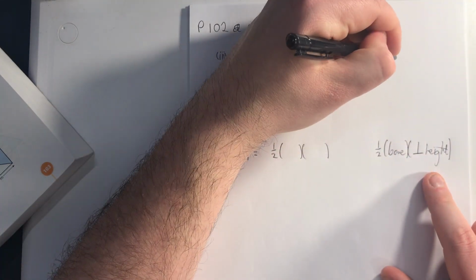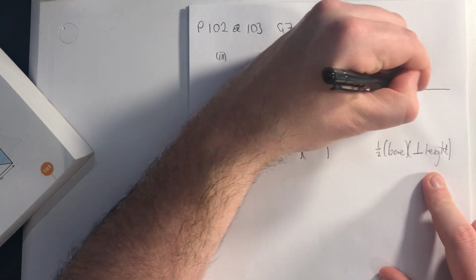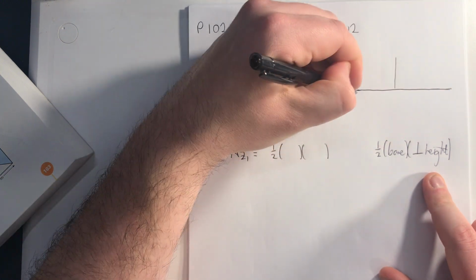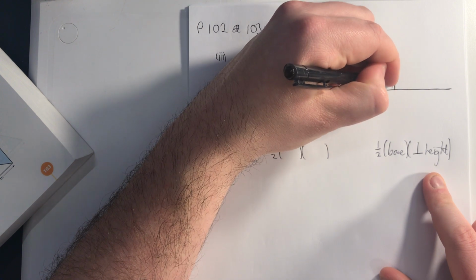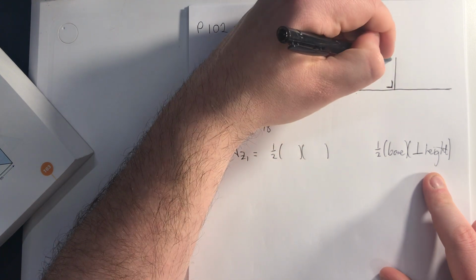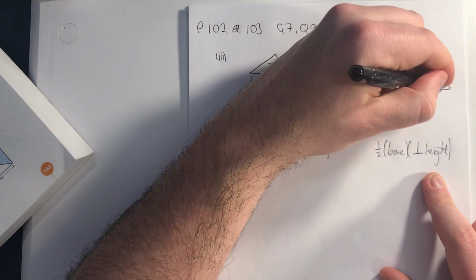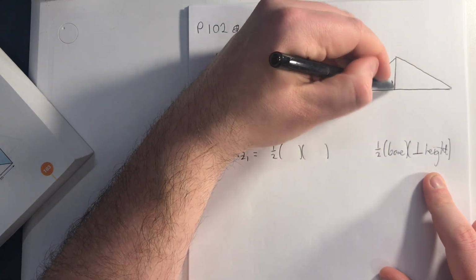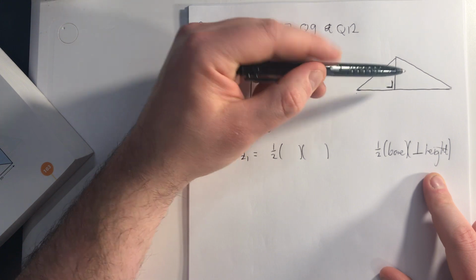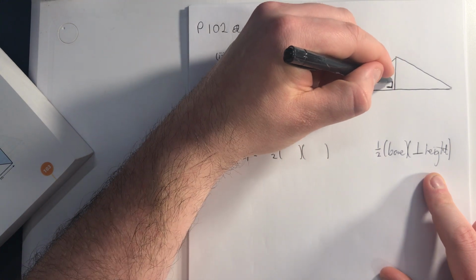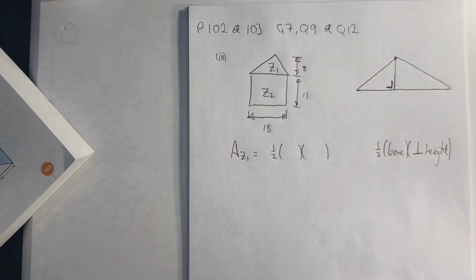Perpendicular just means that if this is the base of the triangle, then this is going to be the perpendicular height if it comes off the base at a right angle. So the perpendicular height of this triangle is this distance from here to here, because it comes off the base at a perpendicular to the vertex opposite it. Vertex meaning corner of a triangle.